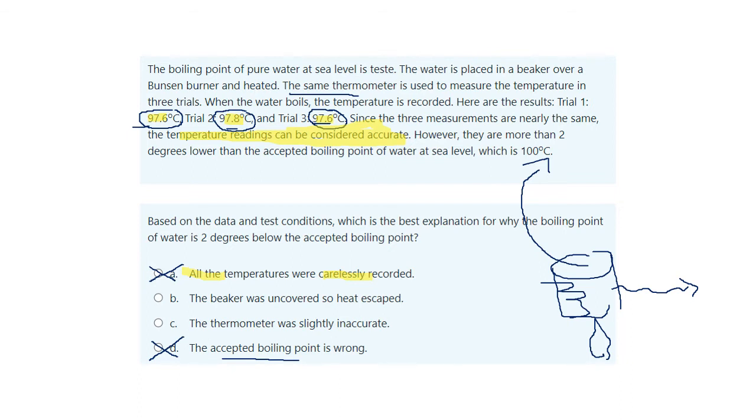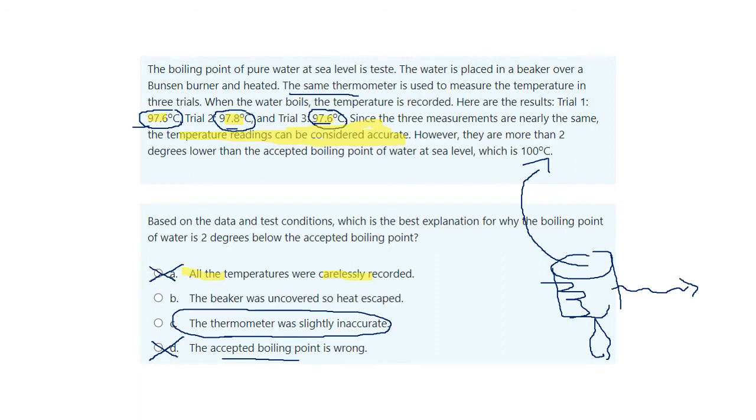The best answer, the thermometer is a little bit inaccurate. Answer C. We can see that all three recordings are very, very similar, which suggests that the thermometer is being used accurately.